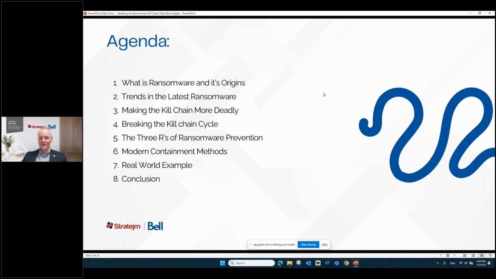Everyone talks about it, but we're going to go through it. How do you break it? And I believe in order to break it, you need to know what we're calling the 3 R's of ransomware. And then we'll talk about using those 3 R's in modern containment methods as well as a real world example. And then we'll sum it all up for you.